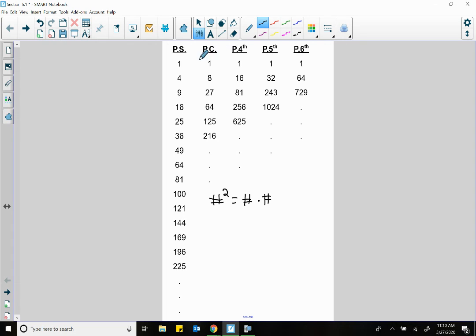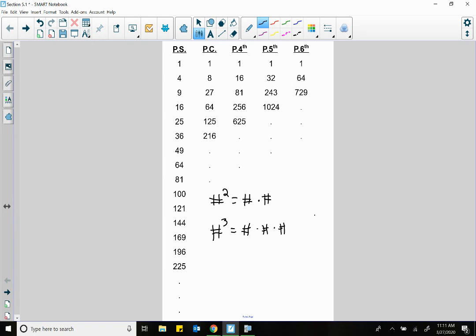Right here, this is perfect cube, perfect fourth, perfect fifth, perfect sixth. So perfect cube, these are numbers times itself 3 times. So perfect cube is just a number cubed. Like 8 here is just 2 times 2 times 2. That's what a perfect cube looks like. 27 is 3 times 3 times 3. And so on and so forth. Notice I stop it after 6 cubed because these things get large and they get large quick.